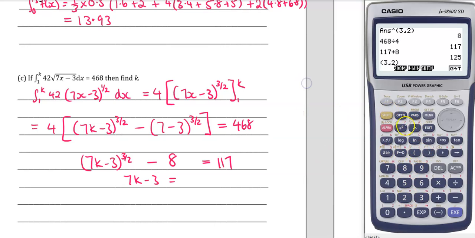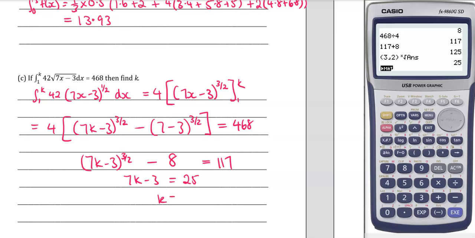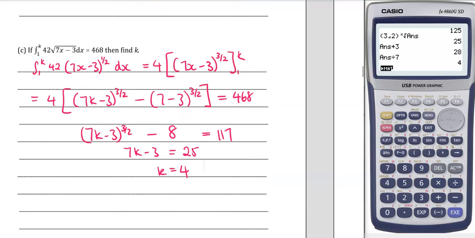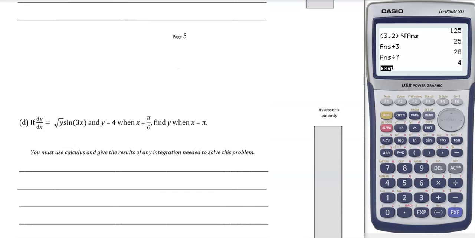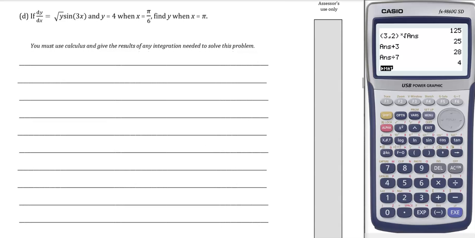So I'm just going to use this root function here. Then that is equal to 25. So k will be, add on the 3, divide by the 7, 4. Okay, part D. dy by dx is this thing.